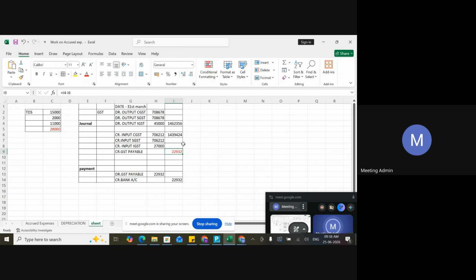Sometimes it happens, because business is all ups and downs, right? Business is not a static situation. In one month we will get more profit, in another month less profit. For example, last year I was getting some 2 or 3 lakhs extra profit, so I paid the government and did the set off.